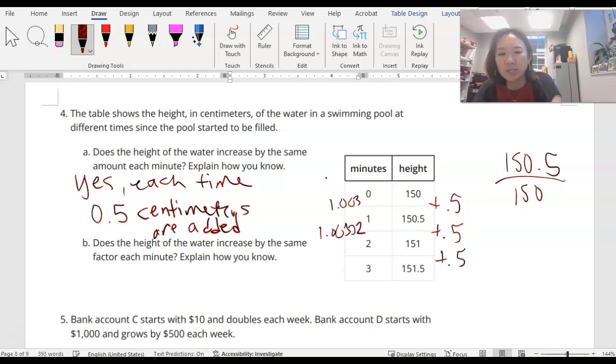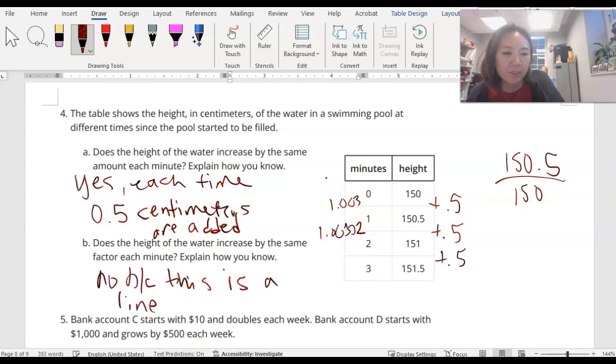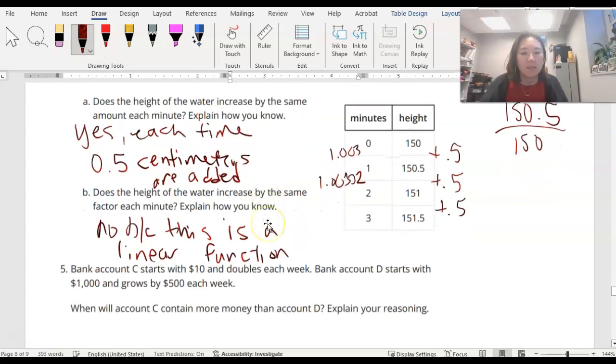So it changes here. And then if I do 151.5 divided by 151, I get 1.0033. So in this case, my factor is not the same. No, because this is a linear function. It's increasing by the same amount each time. Therefore, the factor, or what we're multiplying by, is going to be different.